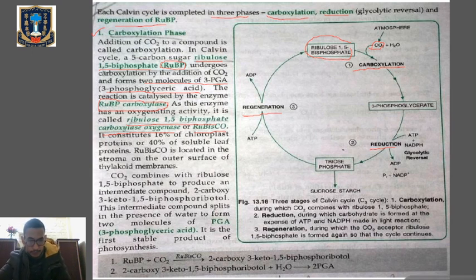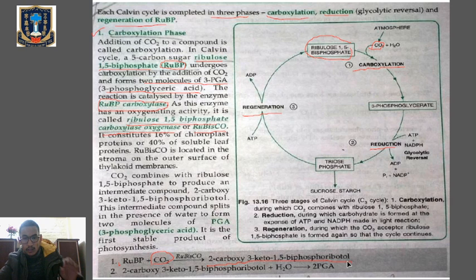The RuBP, that means the 5-carbon sugar compound, undergoes carboxylation by the addition of carbon dioxide in the presence of the enzyme Rubisco to form an intermediate compound called 2-carboxy-3-keto-1,5-bisphosphoarabitol. This is the intermediate compound. Clear?